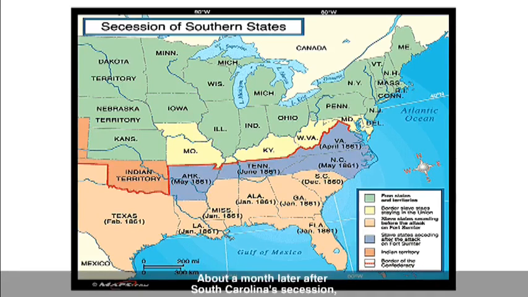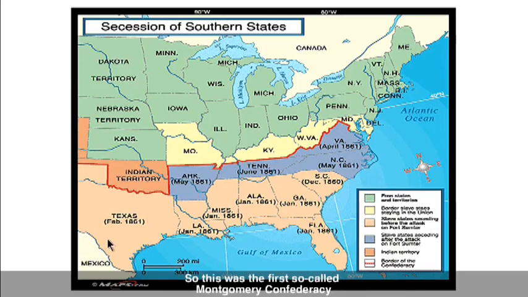About a month later, after South Carolina's secession, 6 more of the deep Southern states followed South Carolina's lead and now announced a new confederacy of independent states. These were the lower South that now joined already seceded South Carolina.